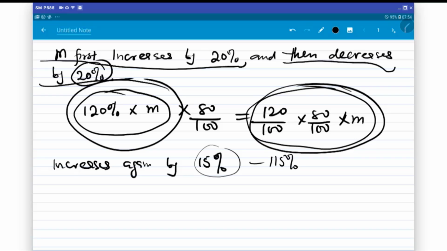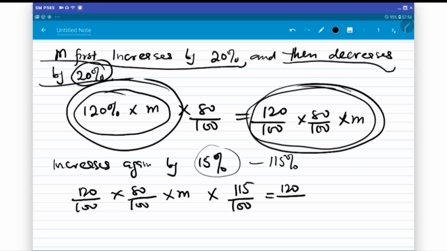Now, increasing it by 15% means it will now become 115%. So we'll be having 120 over 100 times 80 over 100 times m, now times 115%. Okay, which we can now put together as 120% times 80% times 115% times m.